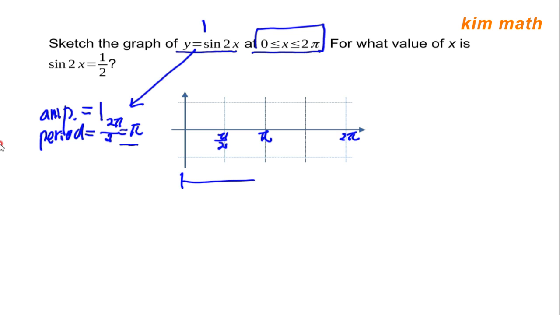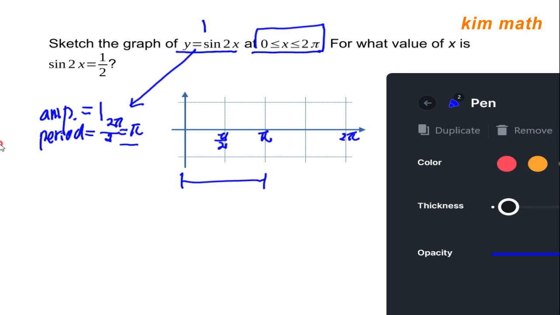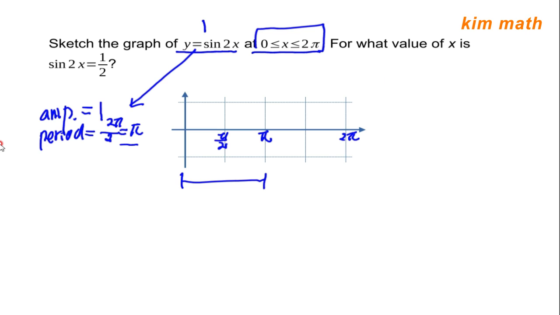So from here to here, we must make one complete sine graph, here and here. And from pi to 2 pi, we have another cycle, here and here.